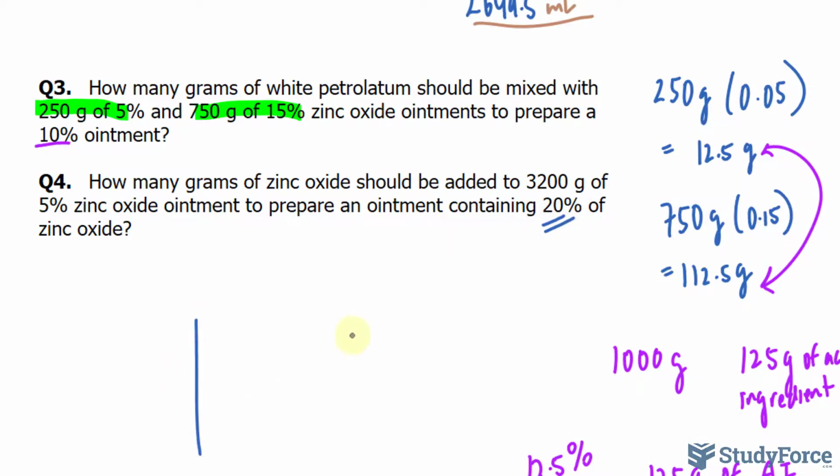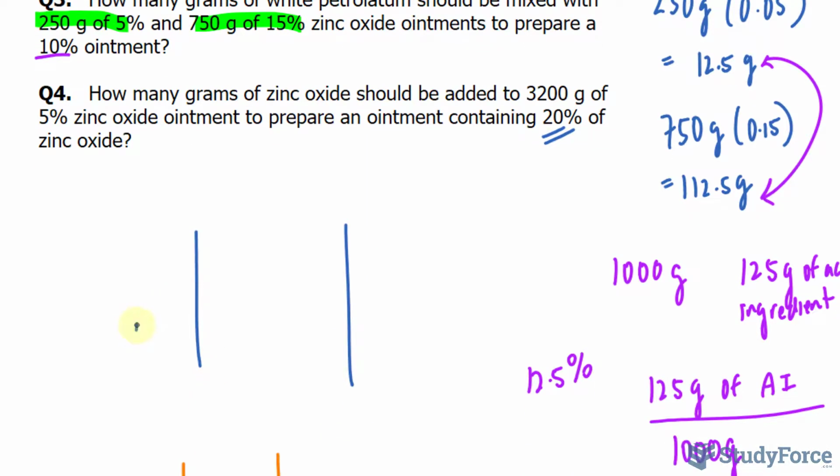So using this chart that I've been using for the past several examples, I'll write down 5% underneath here, and we have pure zinc oxide to work with. And that pure zinc oxide has a 100% active ingredient concentration. We're looking to create 20%.